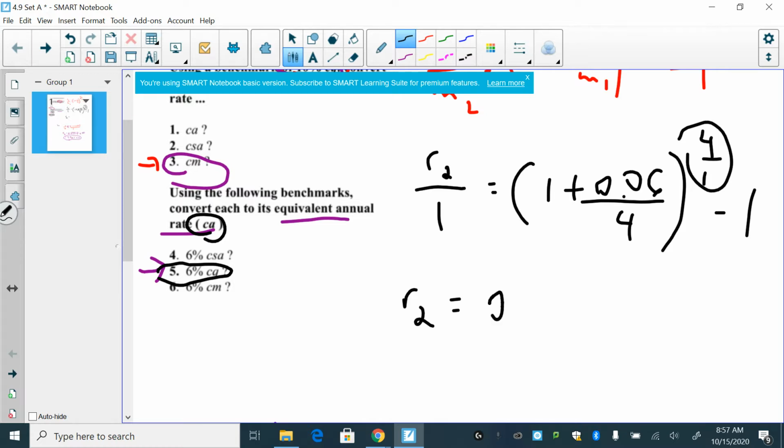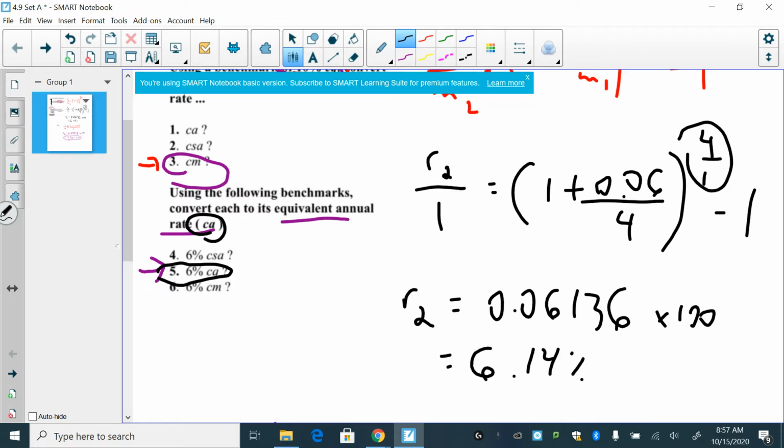So I've got 0.06136. Remember, multiply by 100 because I'm trying to find the percentage. So I multiply that by 100 and I got 6.14%. And that's compounded annually. So we're saying 6% quarterly is the same as being 6.14% annually.